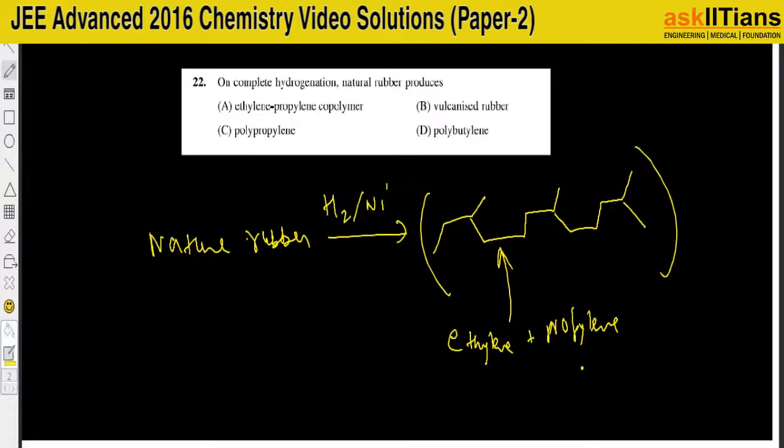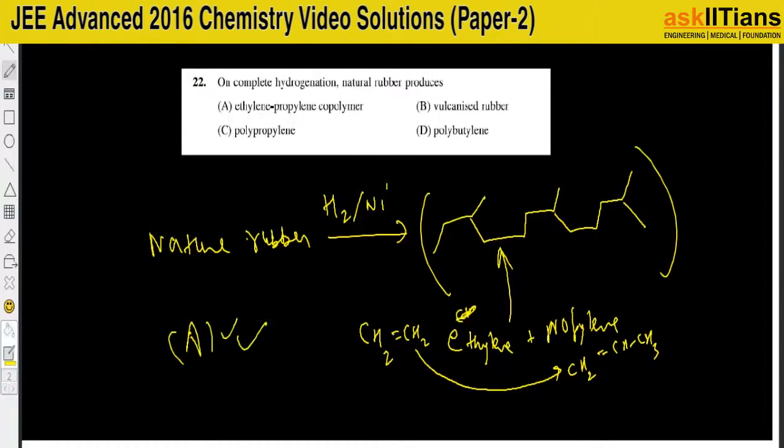So they are getting polymerized, this is CH2, and this is CH2 double bond CH3. On this ground, the answer which I should get is ethylene propylene copolymer, and hence my A will be the correct answer.